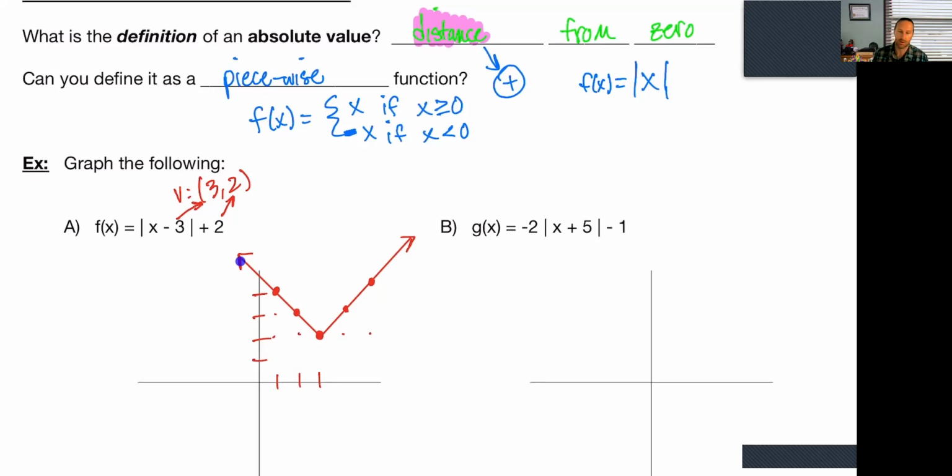We will take all of these original values and we will multiply them by a negative 2. So instead of going right 1, up 1, we would go right 1, down 2. Left 1, instead of going up 1, we would go down 2. And therefore, not only would this have been flipped, it also will have been shrunk to be more narrow.